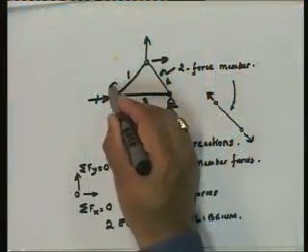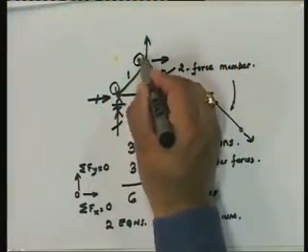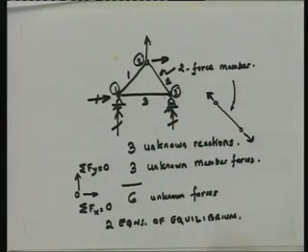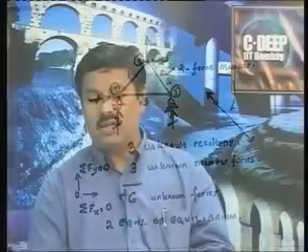So, how many joints do we have in this structure? 1, 2 and 3. So, we have 3 joints and we can write 2 equilibrium equations for every joint. In other words, how many independent equations of equilibrium do we have? 2 into 3, 6. So, we have 6 equations of equilibrium that we can write for this structure.